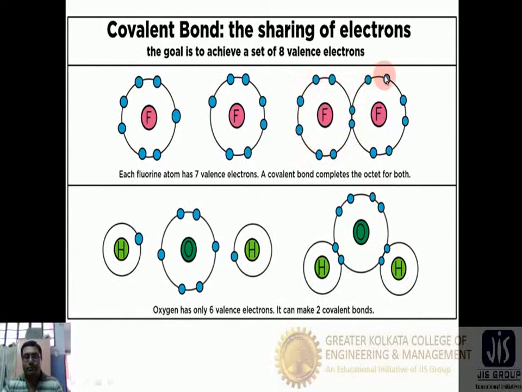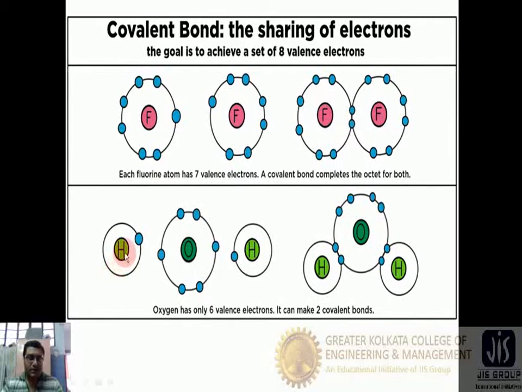So the two fluorine atoms, by sharing 1 electron each, make an octet in the outermost shell and are stable in nature. It is an example of the covalent bond. A covalent bond is the sharing of electrons.